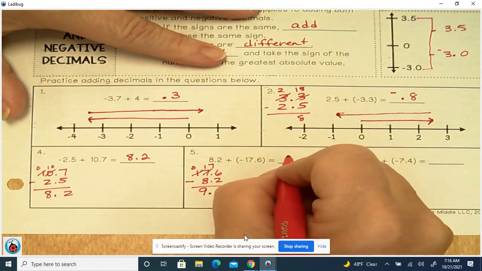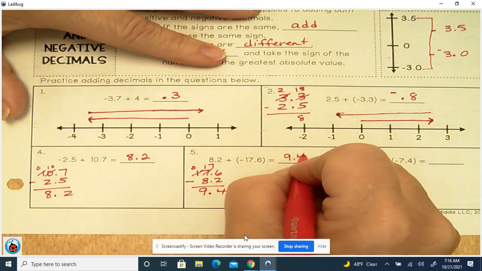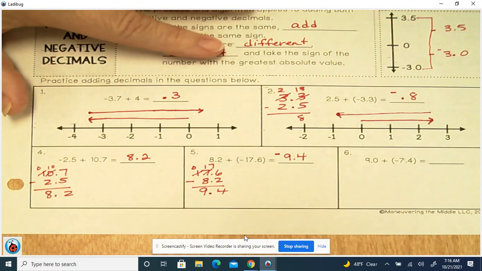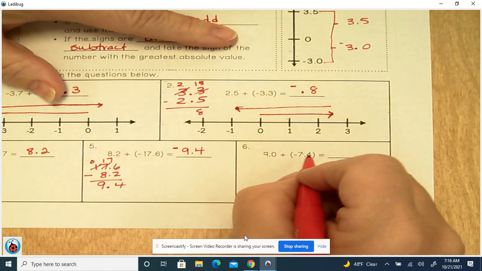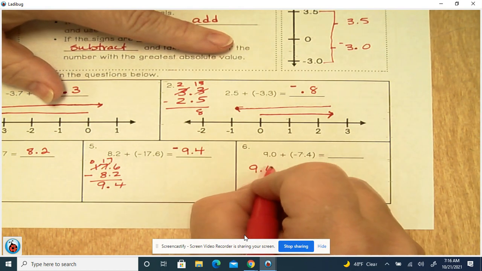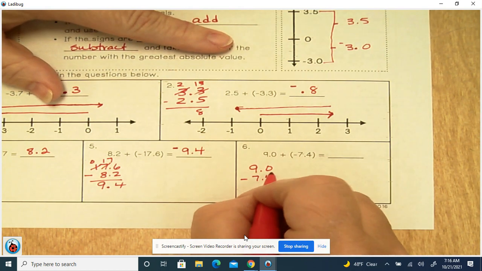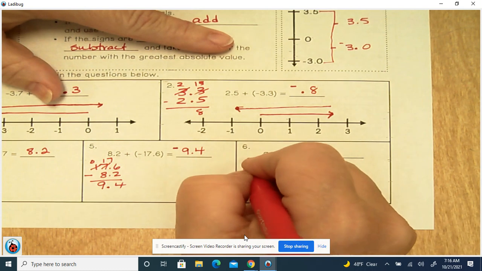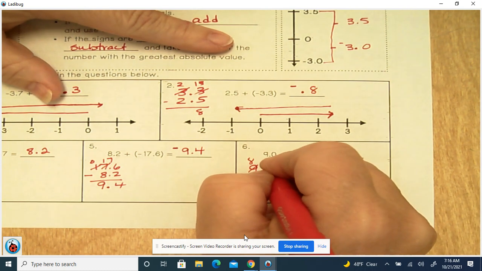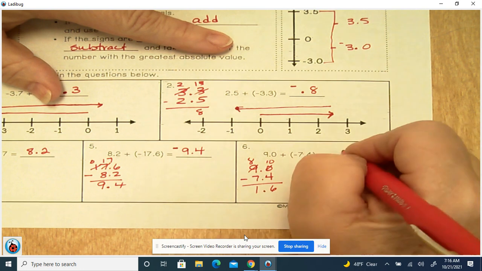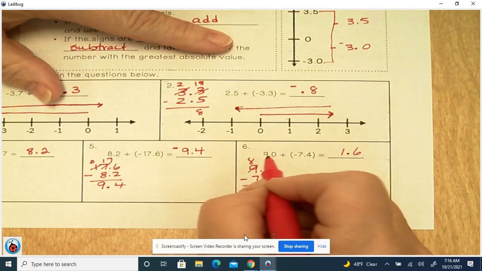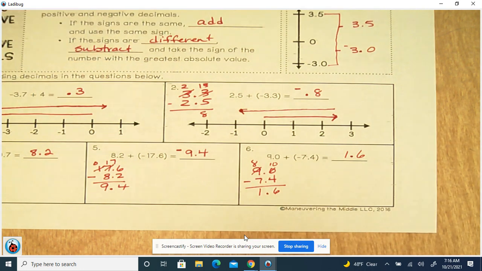That's 9.4. 17.6 has the largest absolute value, so it's negative. 9.0 plus a negative 7.4, you're subtracting. Change the 9 to an 8, and 0 to a 10. 10 minus 4 is 6. 8 minus 7 is 1. So it's 1.6, and 9 has the largest absolute value, so it stays positive.